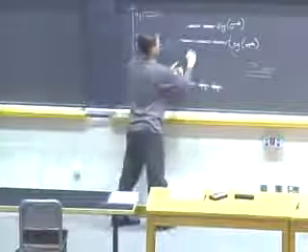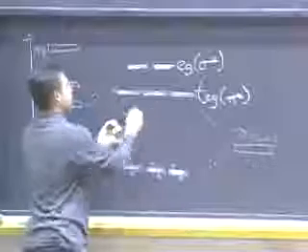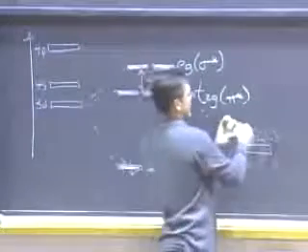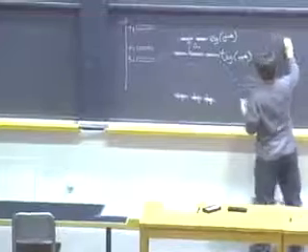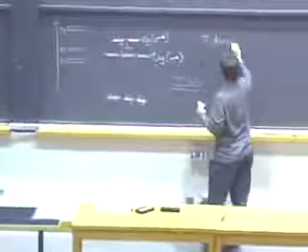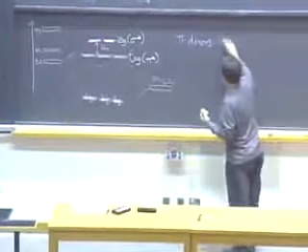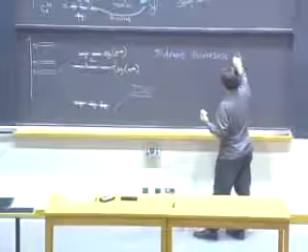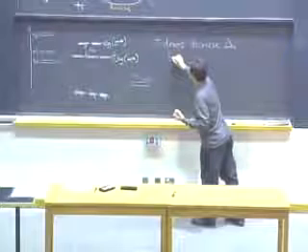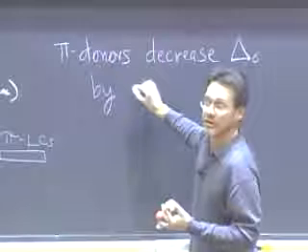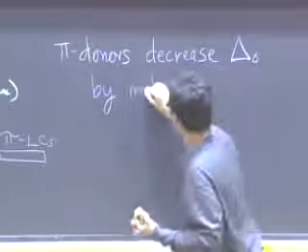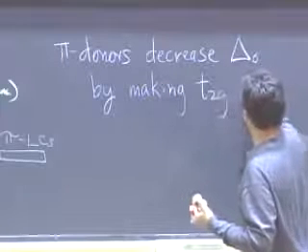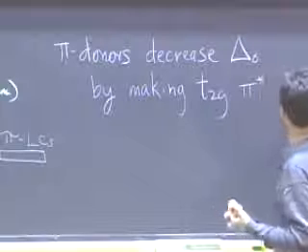And the key observation here is that pi donors decrease the magnitude of delta O by raising the energy of T2G, by making T2G pi star in character, antibonding.